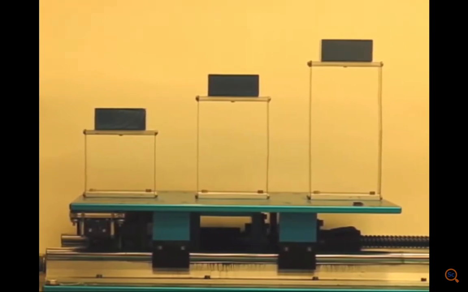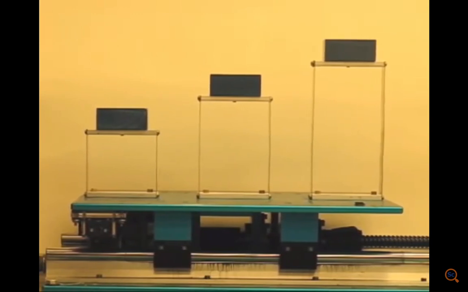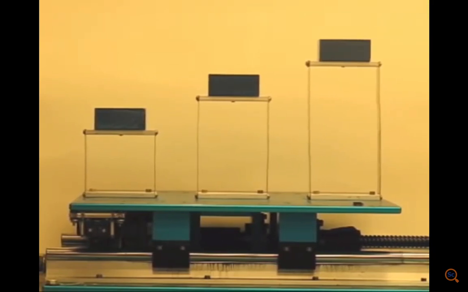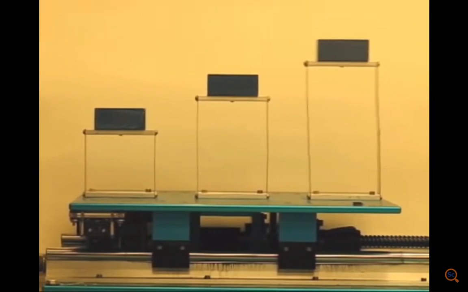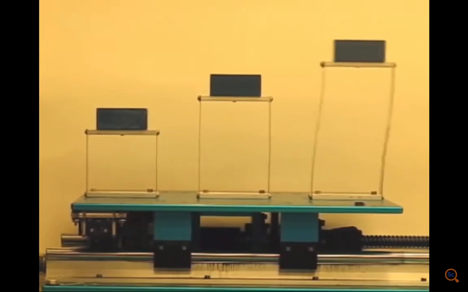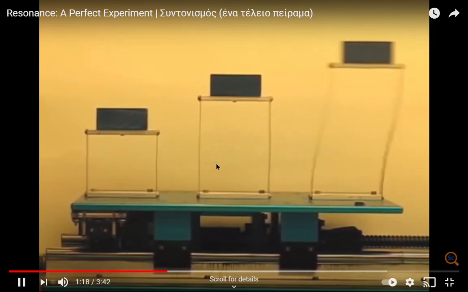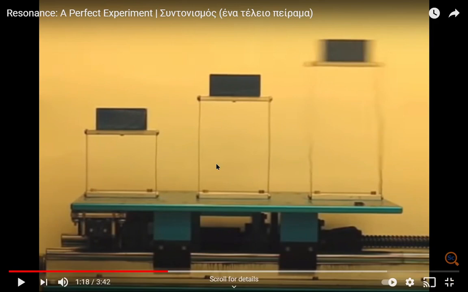So the frequency has increased. You notice that at a frequency of 4 Hertz, the tallest structure here starts to vibrate rather widely, while the other 2 behave as if nothing special is happening at all.